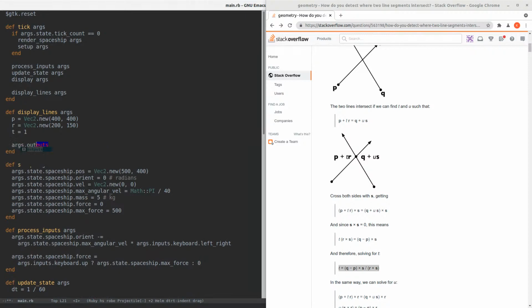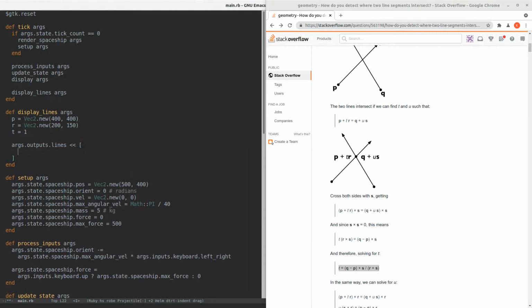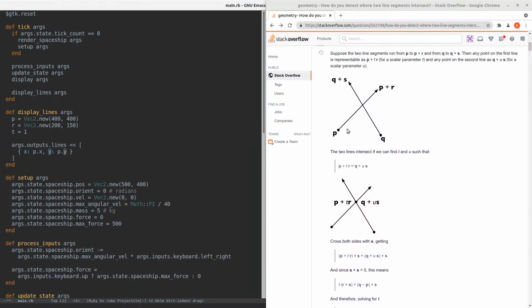So we have our args.outputs, and we'll add a line, since I learned a new trick today. So we'll do p.x, and our y is p.y, right? And so this is our p position here. And the place that we're trying to get to is p plus r dot x, and our y2 is p plus r dot y, right? And so now if we do that, we have this line here.